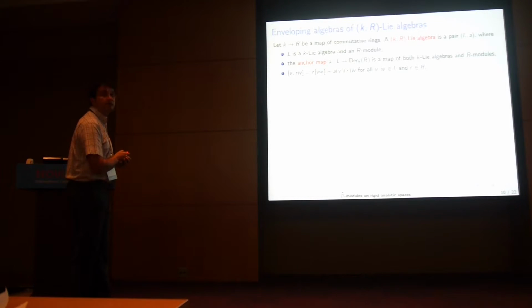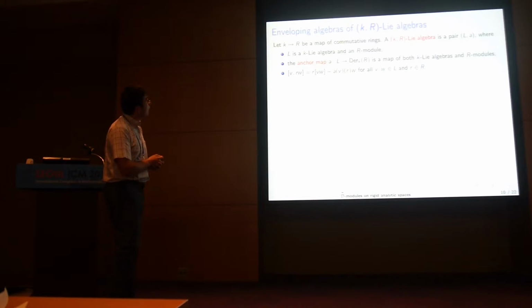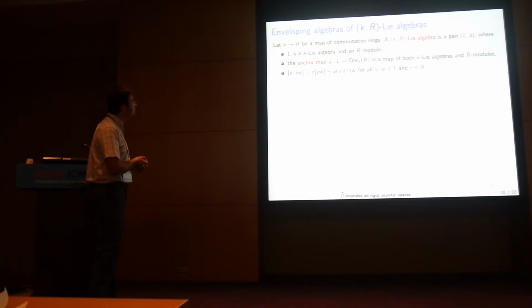And R might be some function algebra. Okay, so a K,R Lie algebra is, on the one hand, a Lie algebra over the ground ring K and an R module. It acts by derivations, K linear derivations, on the bigger ring R, and you have this condition. Well, the bracket on L and the action of L on R are compatible in this way. And that's what a K,R Lie algebra or a Lie-Rinehart algebra is.